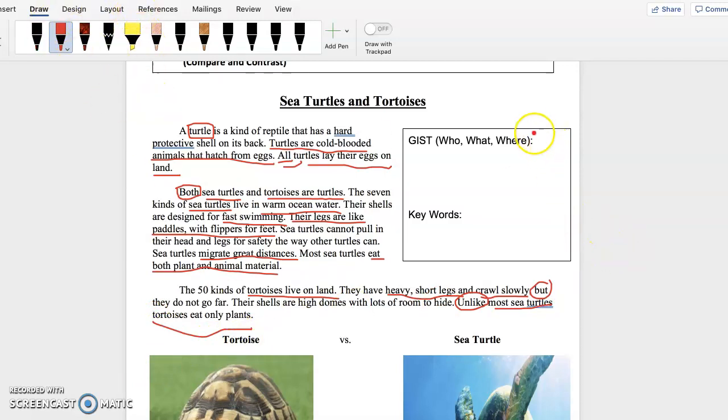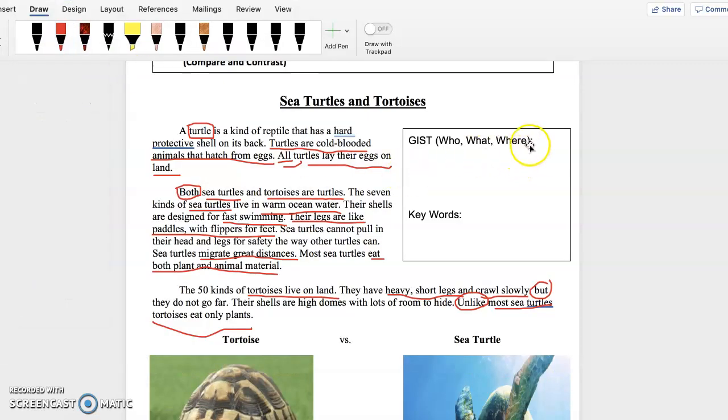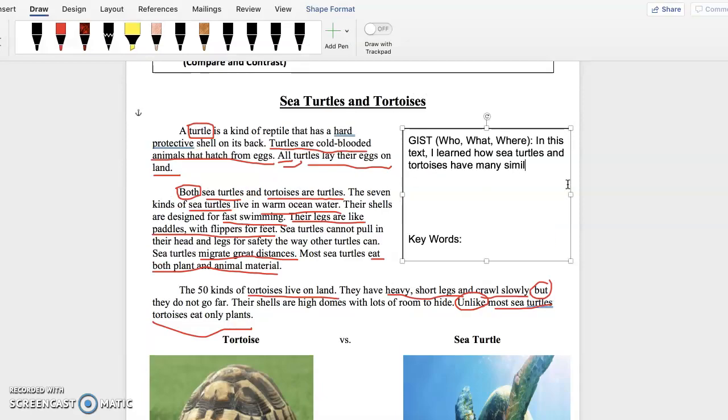All right. So our gist. Remember, when we're talking about our gist, we want to talk about the text structure, the who, the what, and the where. So in this text, I learned how sea turtles and tortoises have many similarities and differences, because that was the purpose of this text.